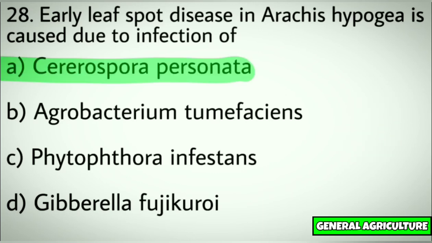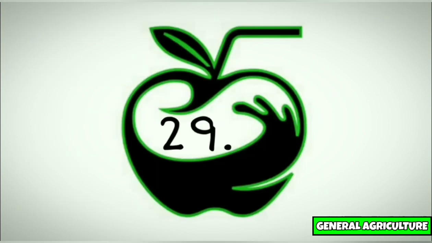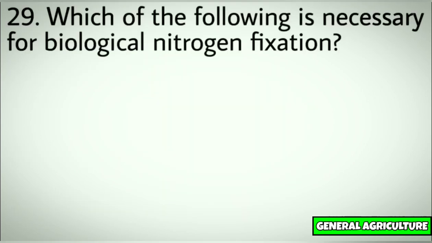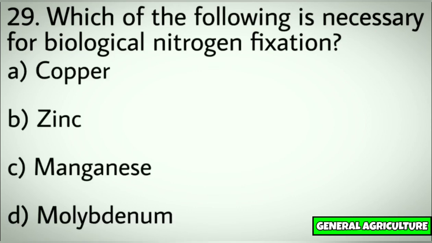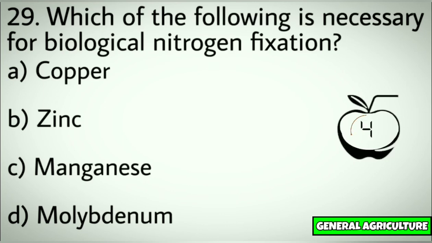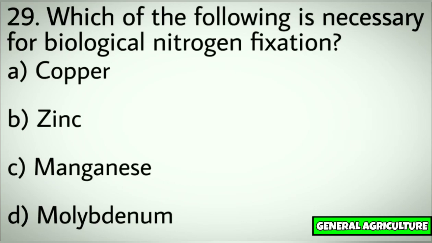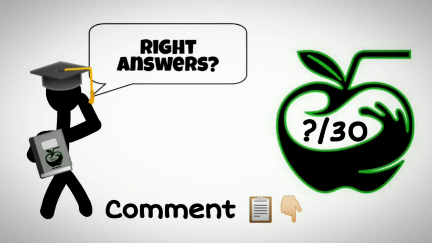Correct answer: A. Cercospora personata. Question number 29. Which of the following is necessary for biological nitrogen fixation? Options: A. Copper, B. Zinc, C. Manganese, D. Molybdenum. Correct answer: D. Molybdenum.